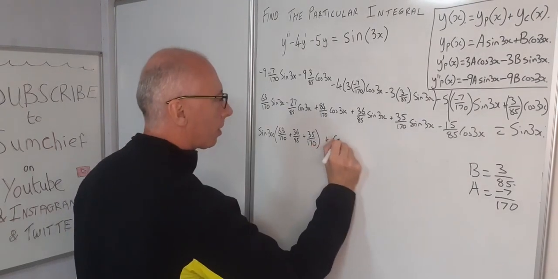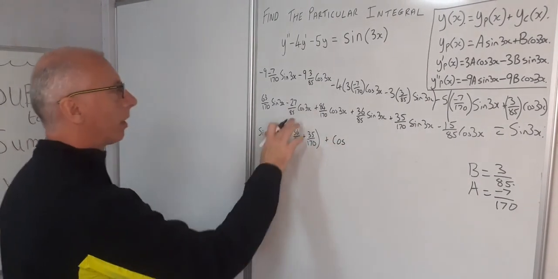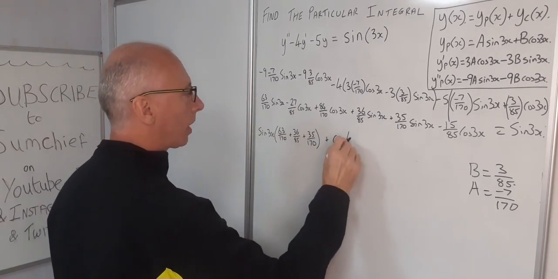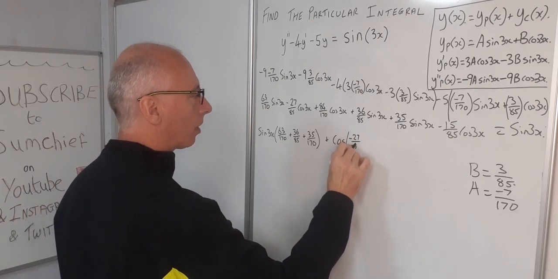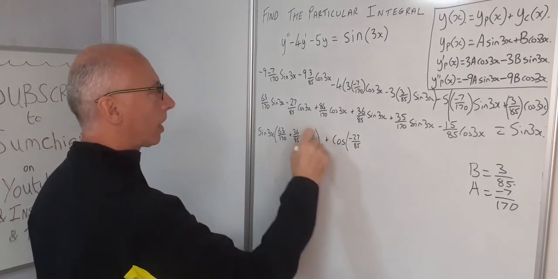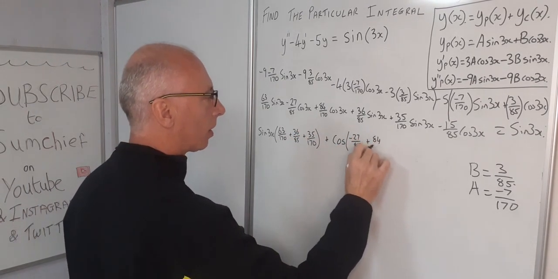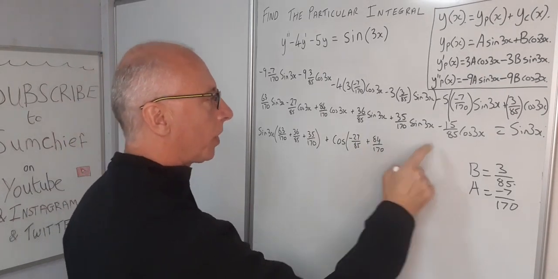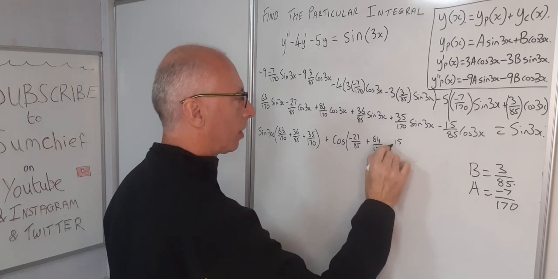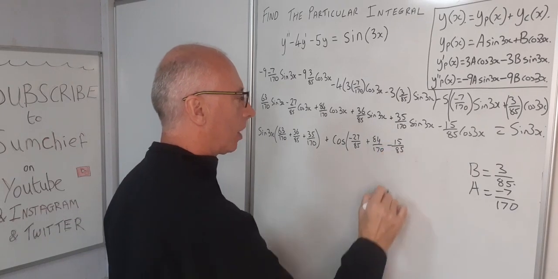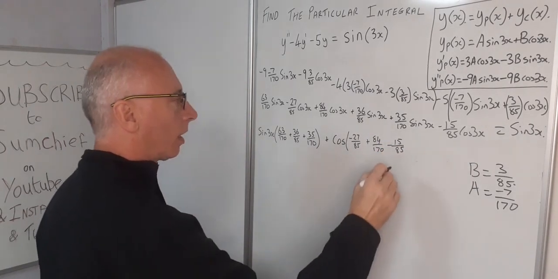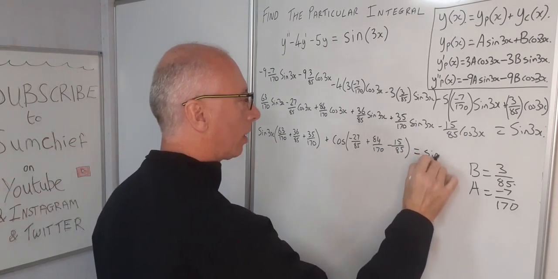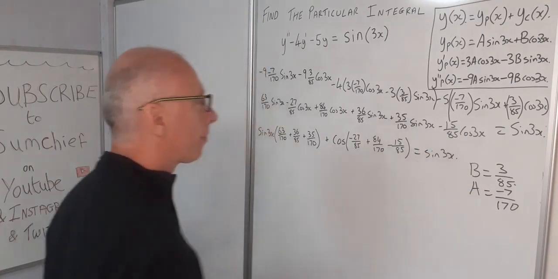I'm going to write it like this, cosine, then I've got minus 27 over 85, plus 84 over 170, minus 15 over 85. Okay, and that equals sine of 3x.